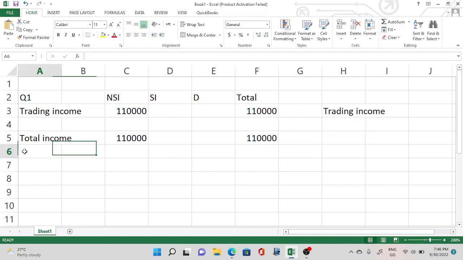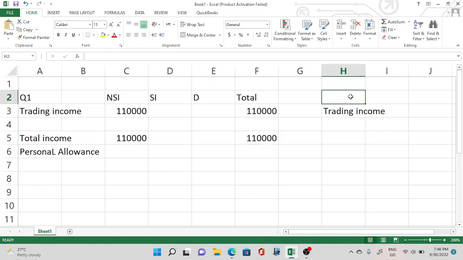Now from here we will subtract the personal allowance, which as per the fiscal year is 12,570. But he will not be given the full personal allowance, because his income, as you can see, is above 1 lakh.